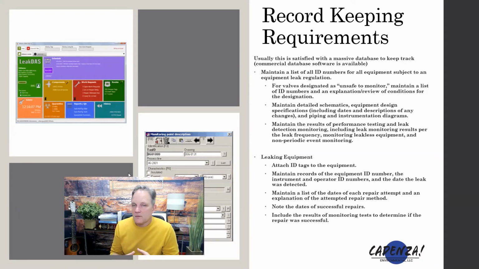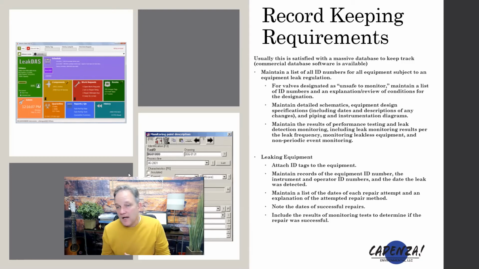With record keeping, you have to maintain a list of all of the different components that are subject to these leak regulations. You have to keep track of when you monitored, how often you monitored, and the monitoring results from that. You have to maintain detailed schematics of the equipment, the design specifications for all of this. You have to maintain results of the performance testing that I just referred to, and the leak detection monitoring that you do on a weekly, quarterly, semi-annual basis.